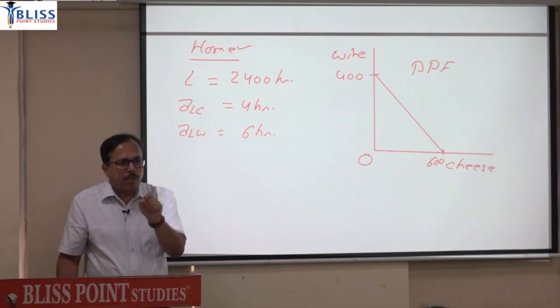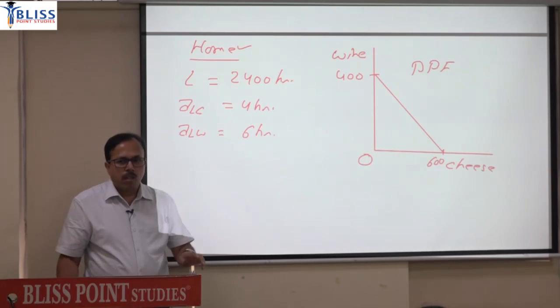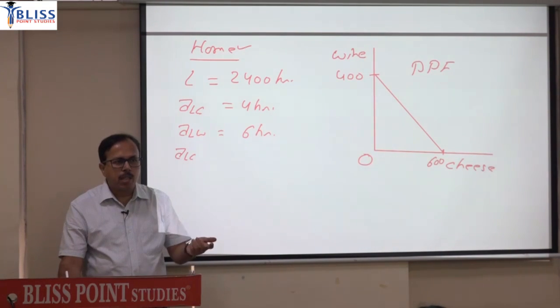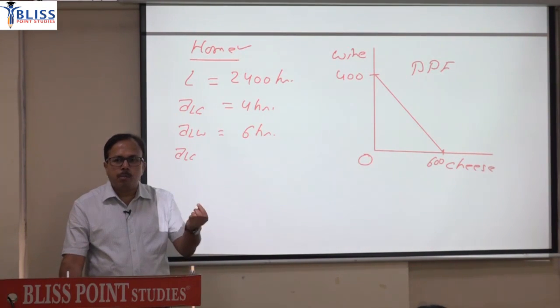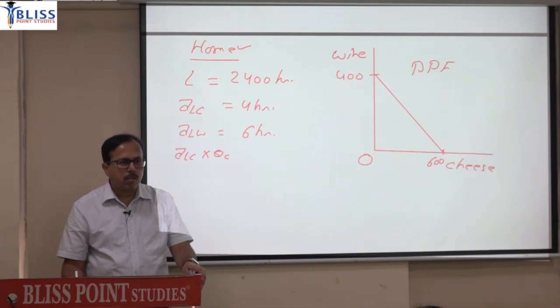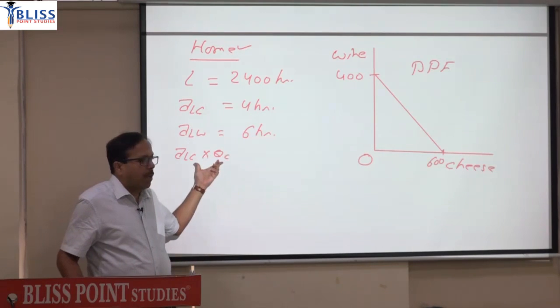Can you write equation for that line? Line का अगर equation लिखना हो तो equation could be written as ALC. ALC क्या मेजर कर रहा है? एक यूनिट को प्रोड्यूस करने में कितना टाइम लगता है? If I multiply it by quantity of cheese, that means this is the total time allocated for cheese.